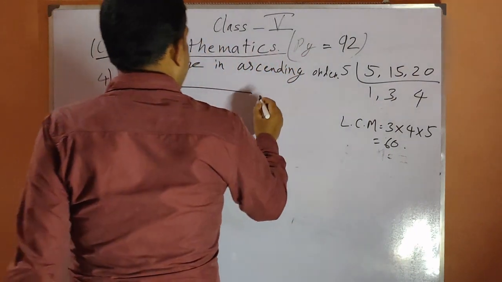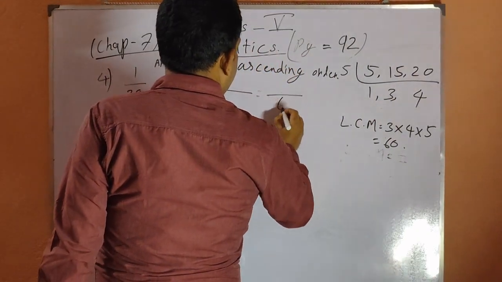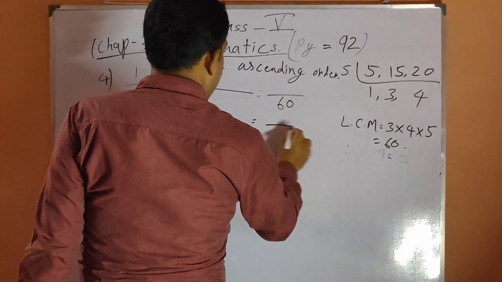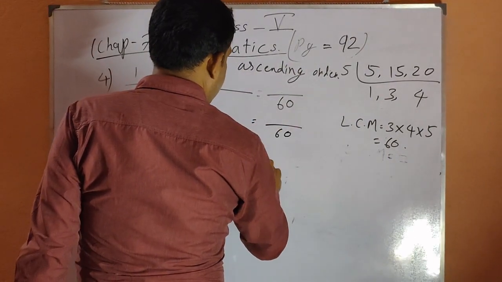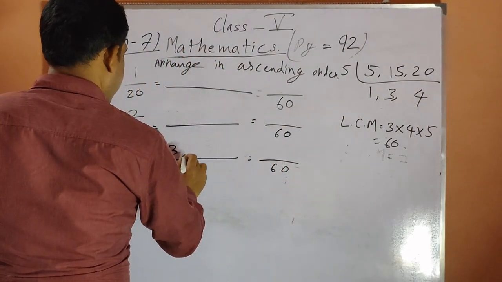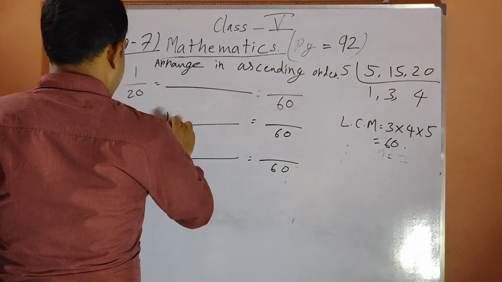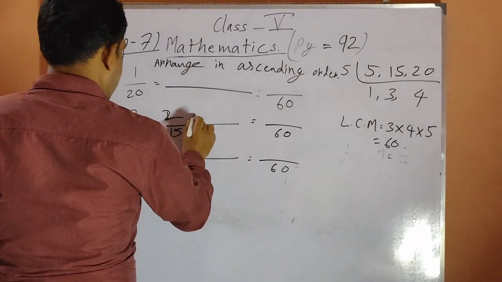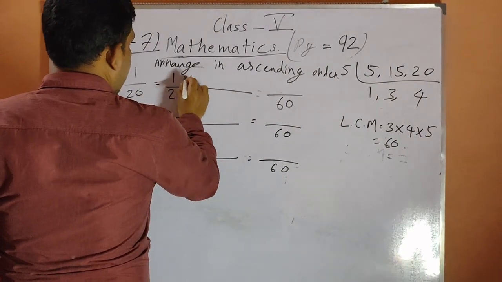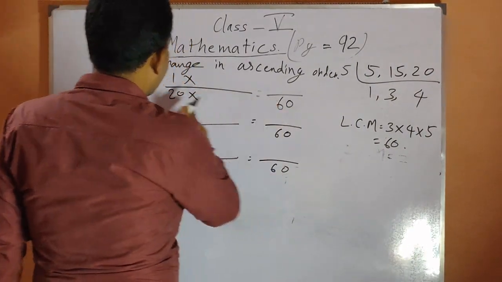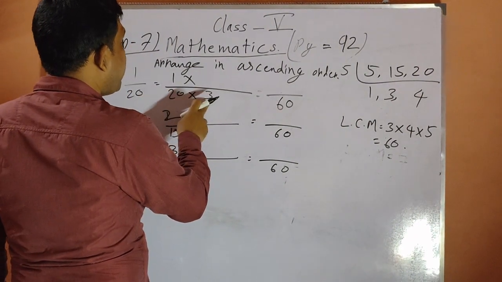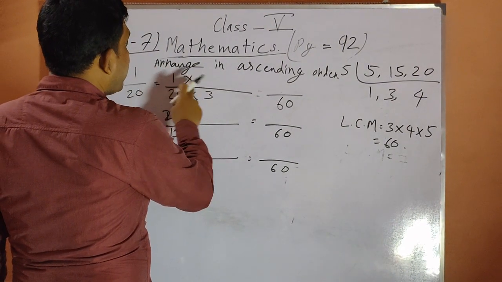Clear? Now write here all of you 60. All the LCM is 60. Sixty divided by 20, you get 3. That means you have to multiply 1 into 3.